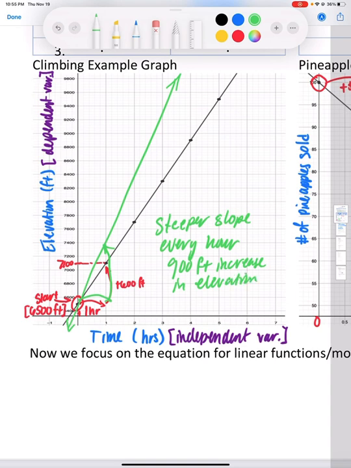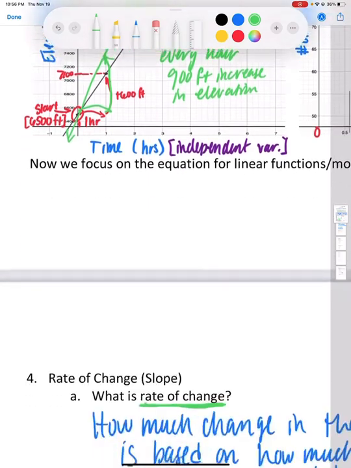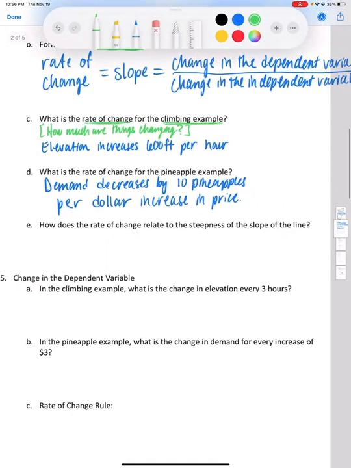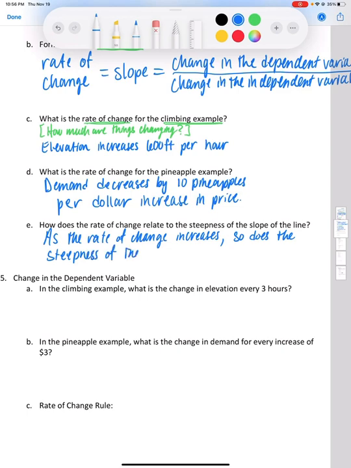So as the rate of change increases, so does the steepness of the line, and vice versa.